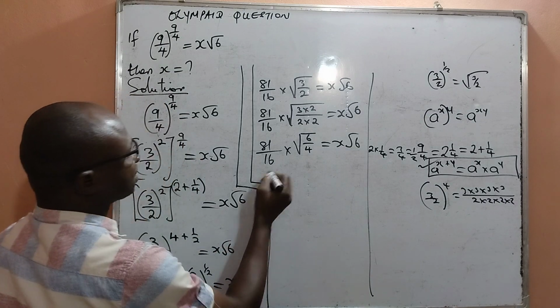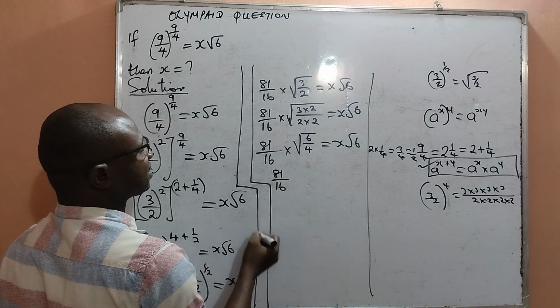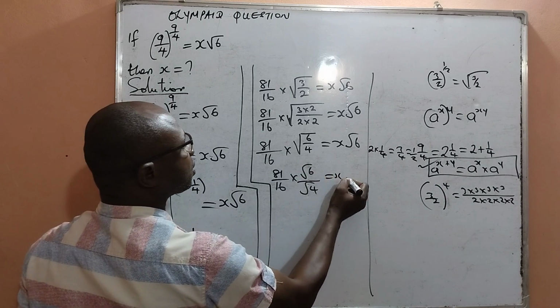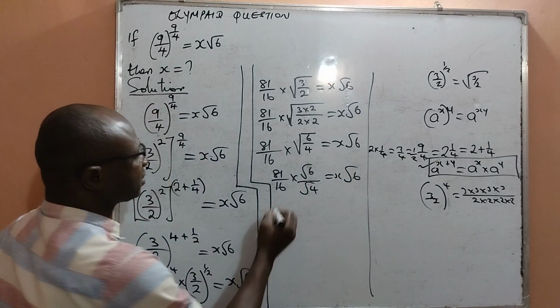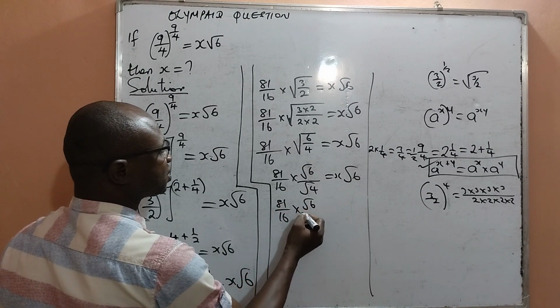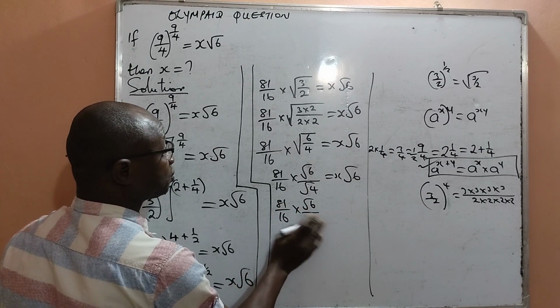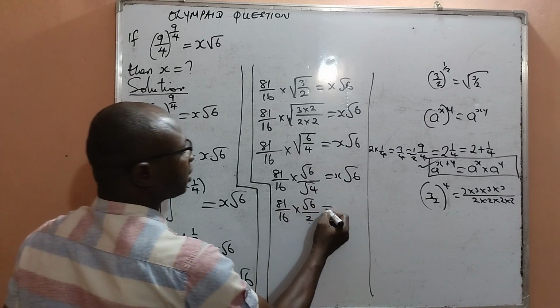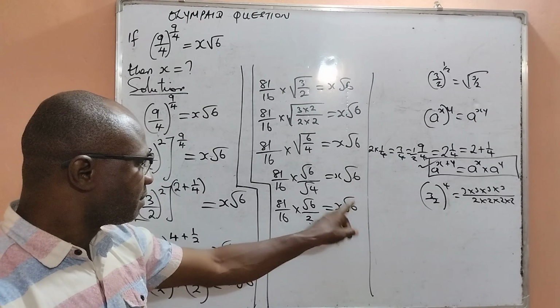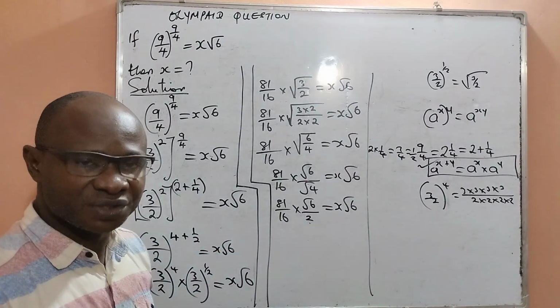Moving forward, this can be written as 81/16 multiplied by root 6 over root 4, equal to x root 6. This is 81/16 multiplied by root 6 over 2, since the square root of 4 is 2, equal to x root 6. I can divide both sides of the equation by root 6 in order to get the actual value of x.